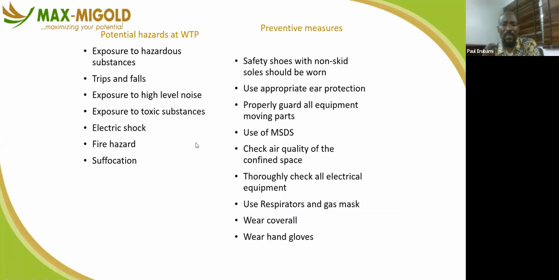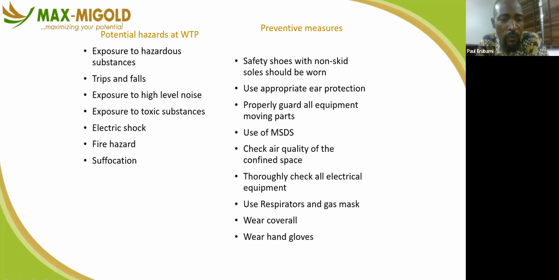So what are the hazards in a water treatment plant? Exposure to hazardous substances. What are those hazardous substances? When you want to open your chlorine tank, you must have something to cover your nose because of the choking effect. Trip or fall: your water treatment plant should not be filled with water, because it could cause trips and falls.